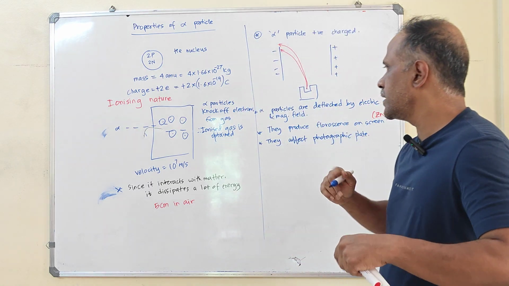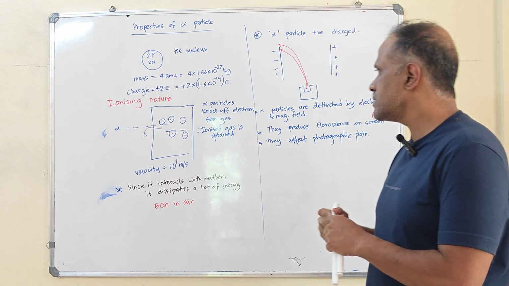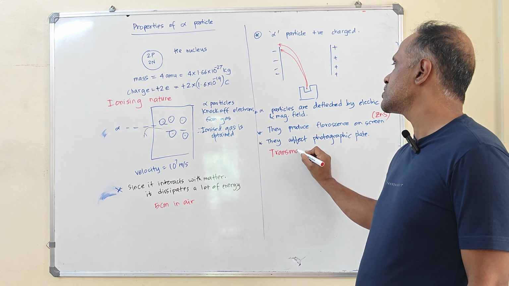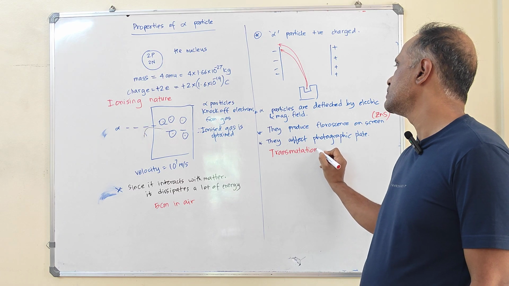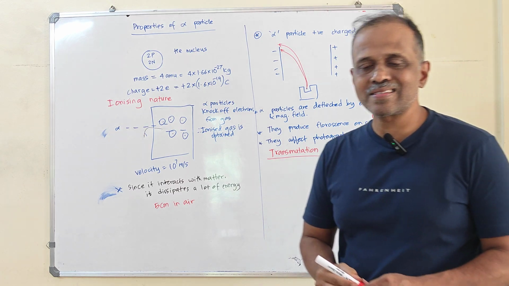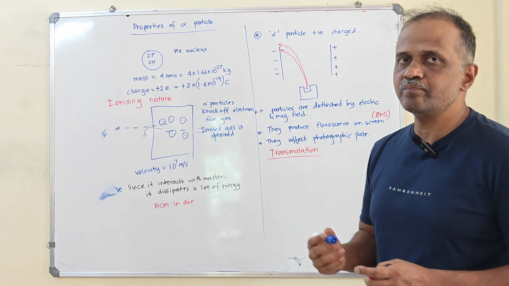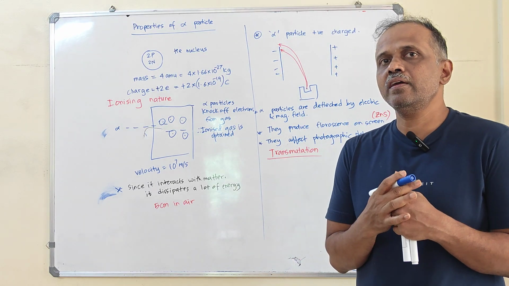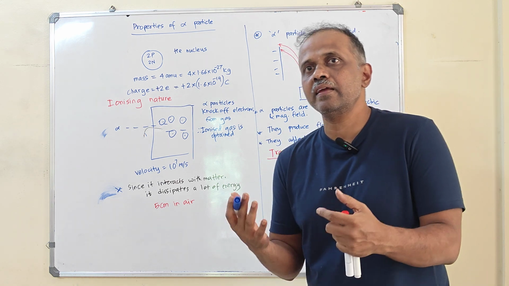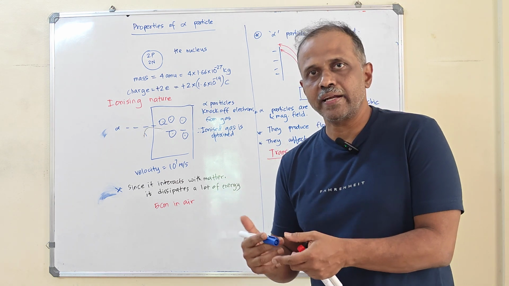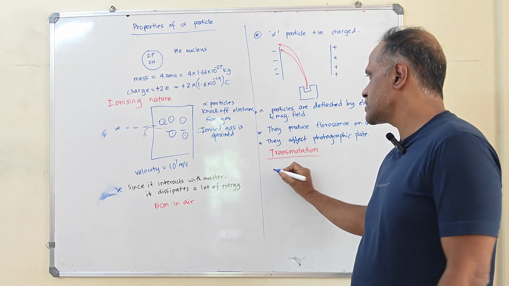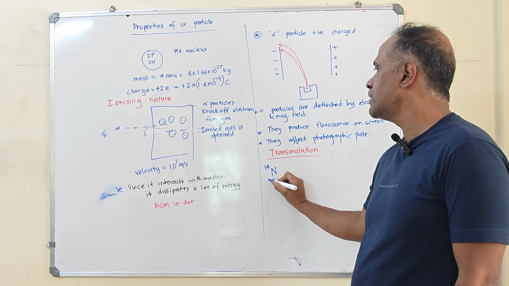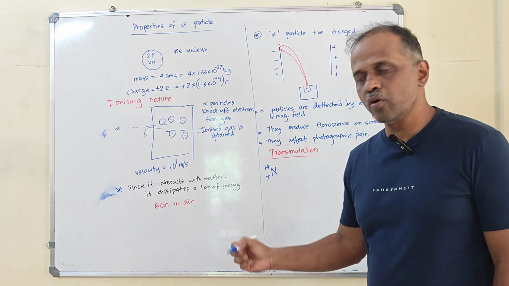The most important thing of alpha particle is something called transmutation. So what is transmutation? Supposing we have a nitrogen atom and we make an alpha particle incident on it, then it may transform into an oxygen atom. Now how it happens, let us see. Nitrogen has a mass of 14 and atomic number of 7.